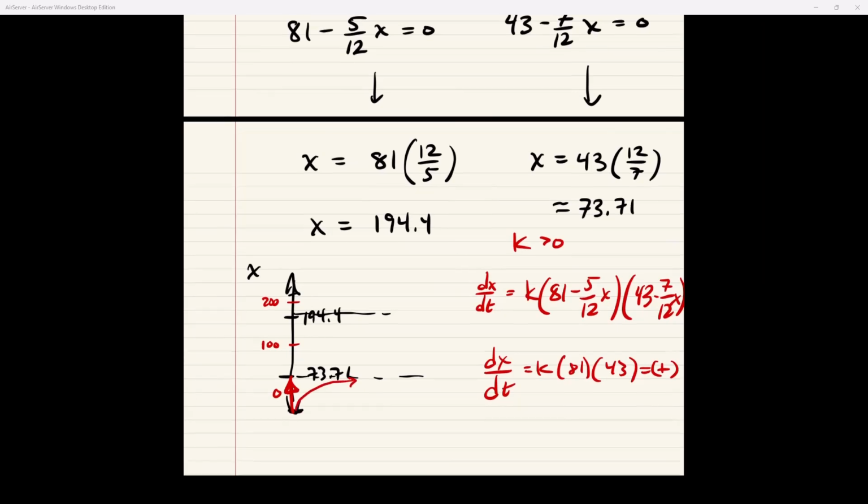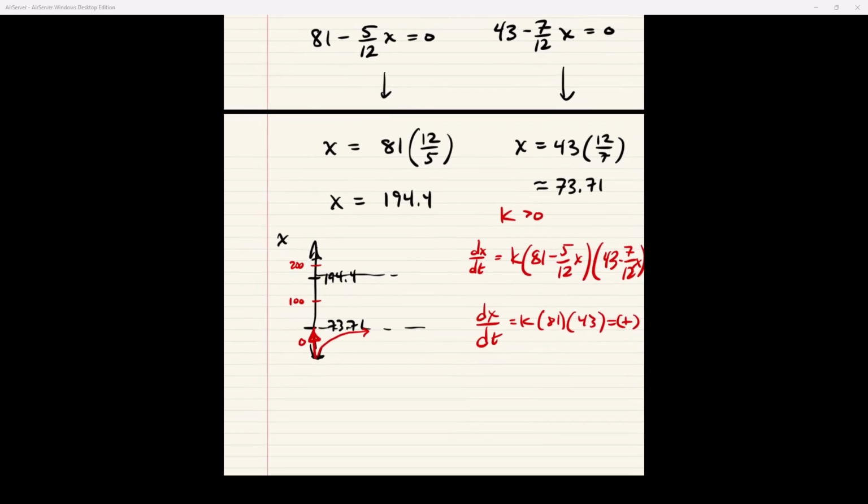Now we could plug in 100, so that if you actually started with more than 73 grams of chemical C, what would happen? So let's test, for example, the test point 100. With x equal to 100, what happens to dx dt? What's the sign?